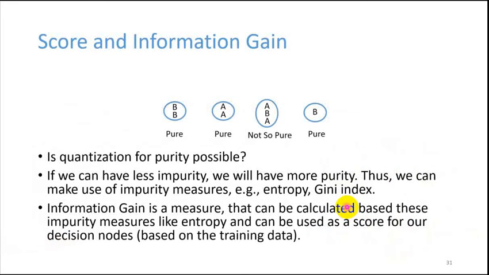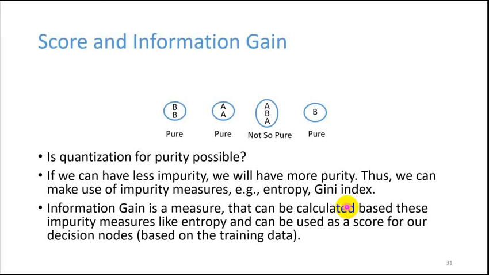If we want to check how pure something is, we can calculate the impurity, and if something is less impure, we can consider it as more pure.